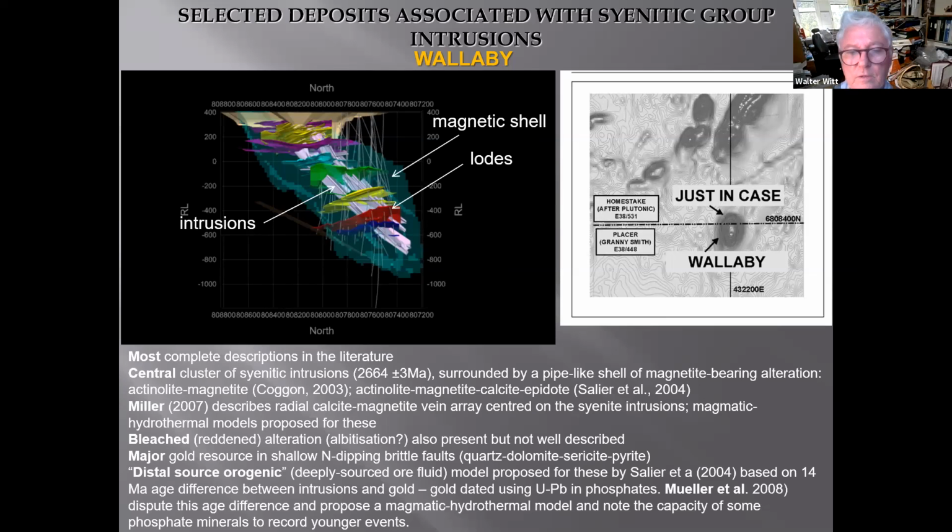On the other hand, Andreas Müller and co-workers dispute this age difference and propose a magmatic hydrothermal model based on their molybdenite age, which was coincident with the intrusion age. And they also noted the potential for phosphate minerals to be reset by younger events due to dissolution and recrystallization.